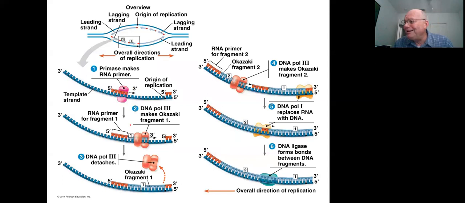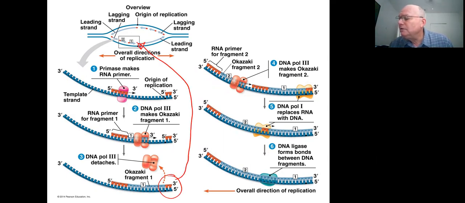So pol 3 comes in and attaches to the template strand and starts copying, reading the template 3' to 5' and building the complementary strand 5' to 3', and it keeps going until it comes up against the primer that was created either at the origin of replication or this primer.